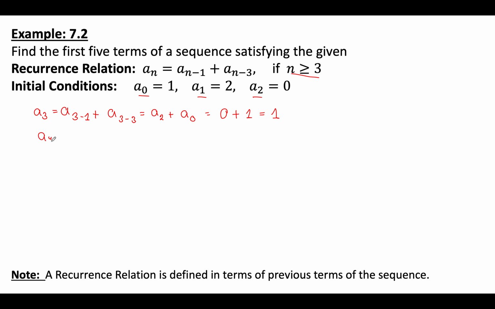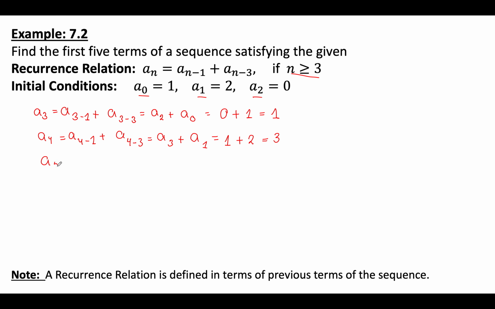Now A4 is equal to A(4-1) plus A(4-3), and this is equal to A3 plus A1. Now the value of A3, we already got here as 1, plus A1 is equal to 2. So 1 plus 2 is 3.